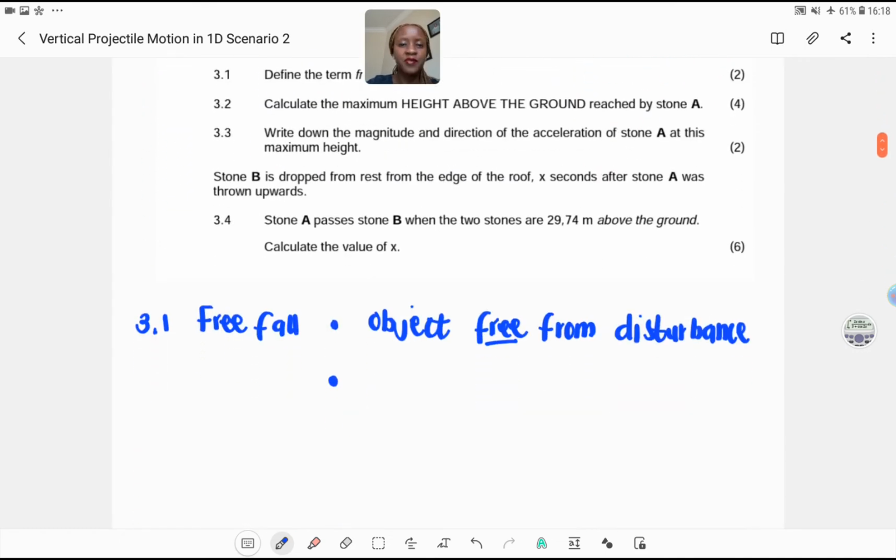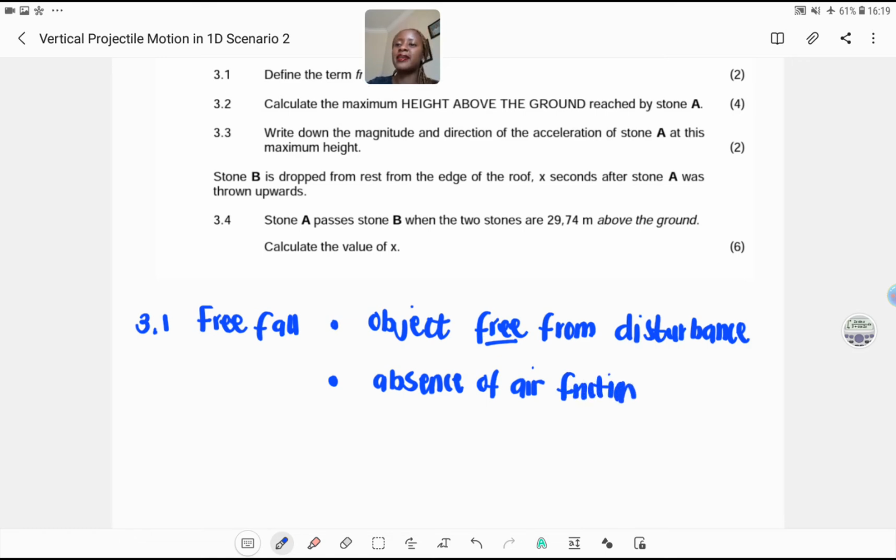Secondly, they've stated here that we should ignore the effects of air friction. So if it's free, it means no effects of air friction, so I would say there's the absence of air friction.